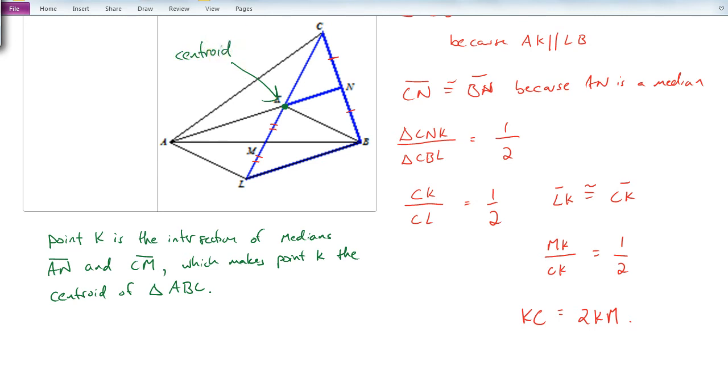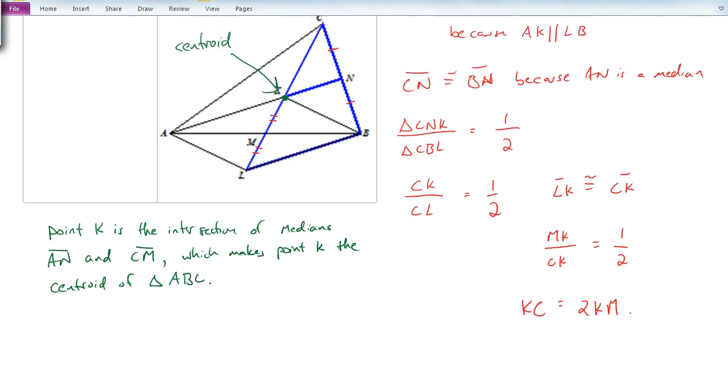Now, what's interesting about the centroid is that we've just shown that if you start at point M and you're on your way to point C along that median, okay, so you're traveling along this median, we've just shown that this length is half the length of this one, so MK is half of CK, which means that along the median, point K is 1/3 of the way.